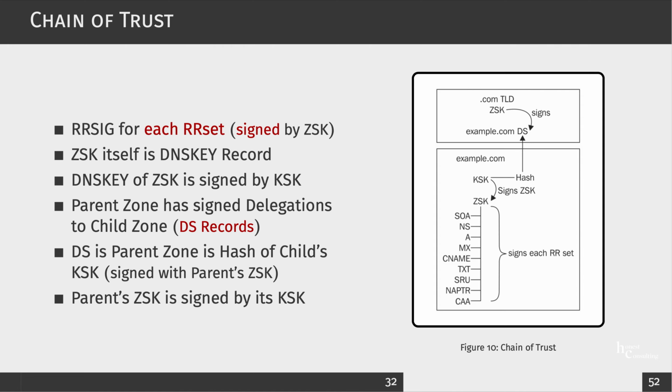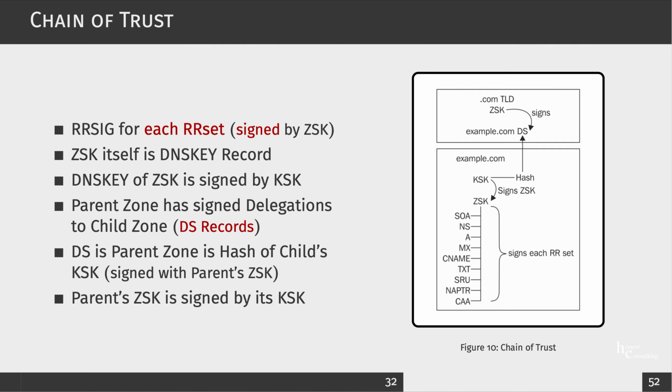The public portion of the key signing key is transferred into a hash value, and this hash value is our delegation signer, which is stored in a DS record in the parent zone. And in the parent zone, the DS record is signed with the zone signing key of the parent, and this, on the other hand, is signed with the key signing key of the parent zone.